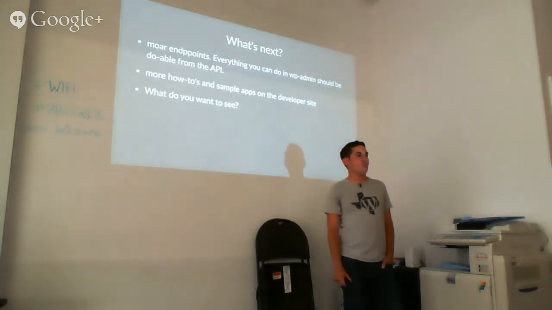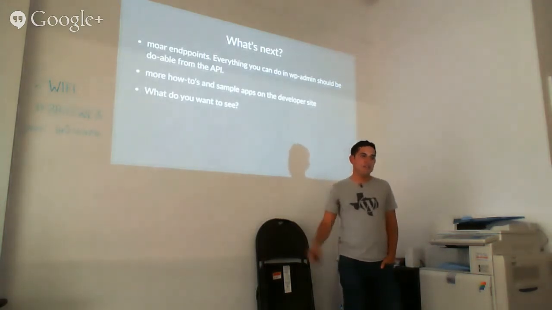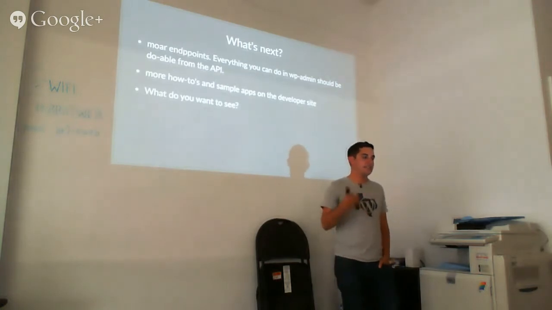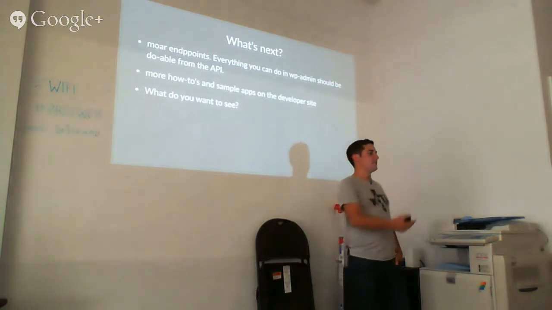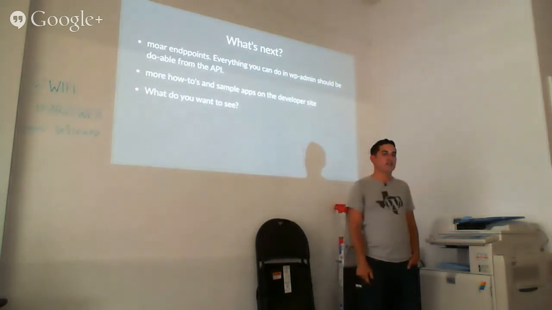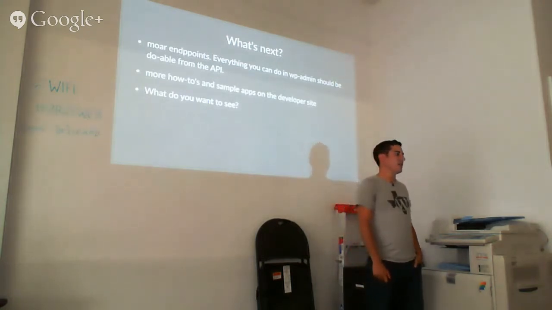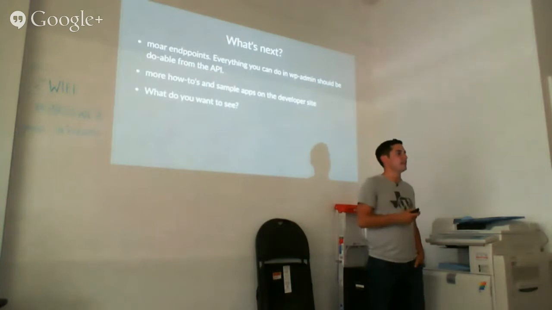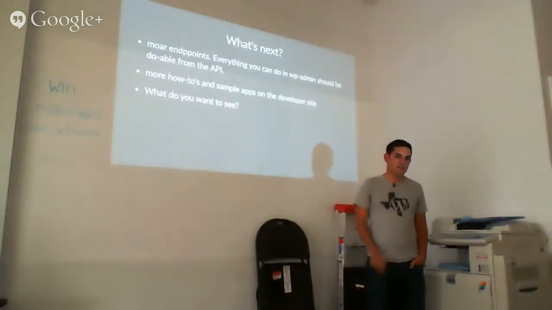We're going to try to do more how-tos and sample apps like Sulfur so that it becomes easier and easier for people to integrate. And I'm going to bounce back at the end here as well to see what you guys want to see in the API. Like if you're building single-page applications or trying to use WordPress as an application framework, what's missing for you? I want to know that at the end as well.